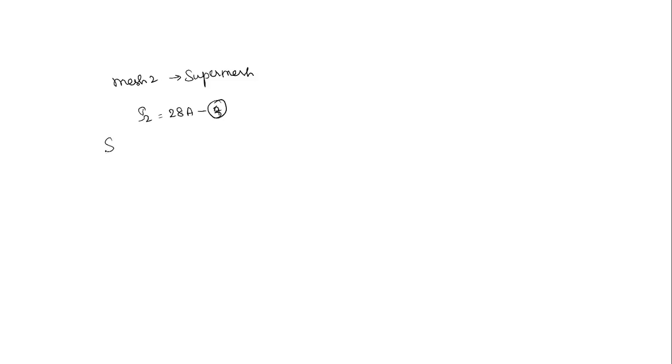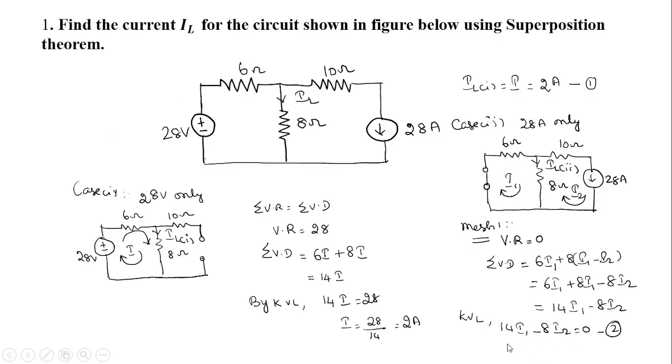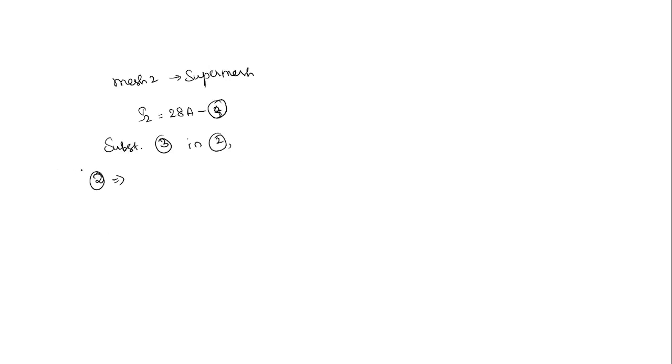Now we'll substitute equation number 3 in equation number 2. We know that equation number 2 from the previous slide is 14I1 minus 8I2 equal to 0. Now we'll substitute the value of I2, that is 28, here.